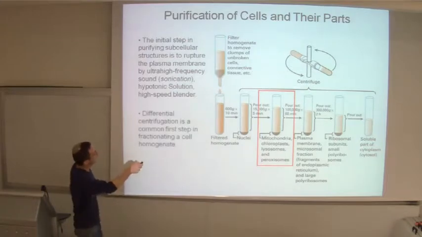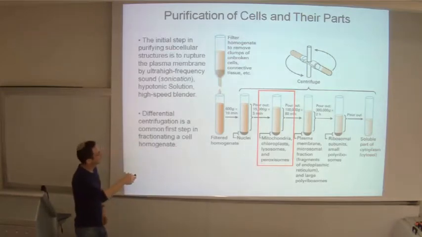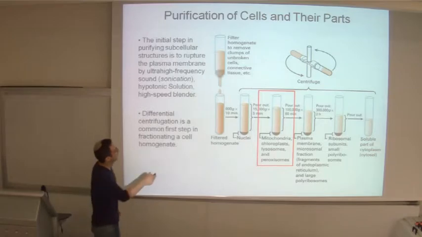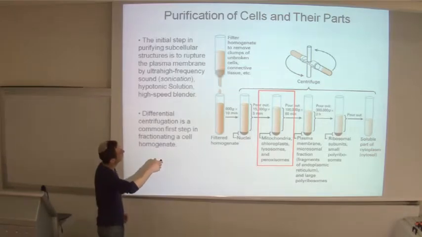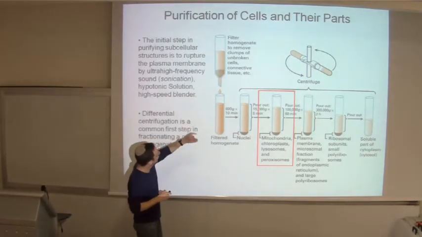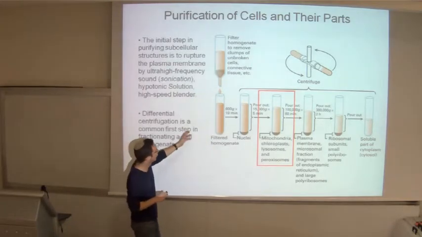Then what we get is a homogenate that includes even pieces of tissue and different cells and different organelles. If you filter this homogenate, you can take only the soluble part of it, which includes the organelles that were in the cells.